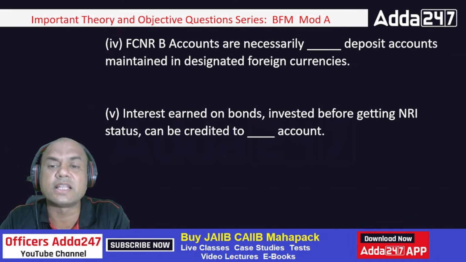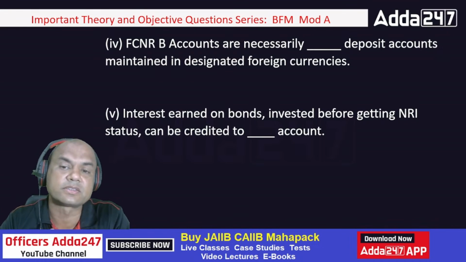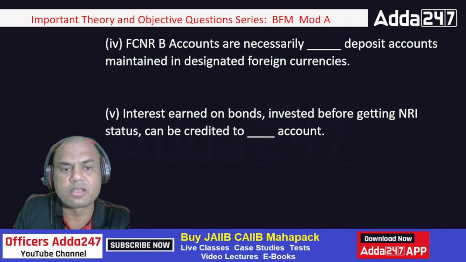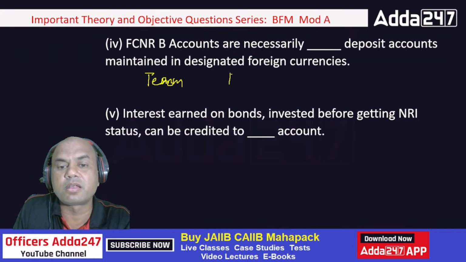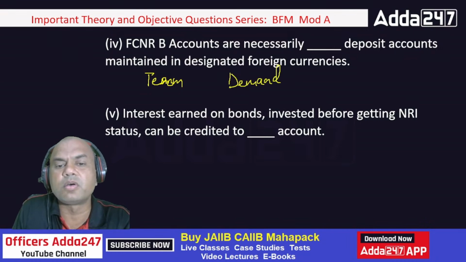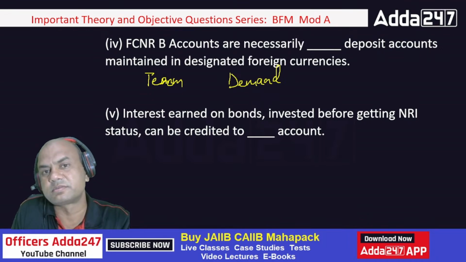FCNRB accounts are necessarily dash deposits maintained in the designated foreign currencies. So what are these? I'll give you options. Term or demand. So FCNRB are necessarily term deposits or demand deposits.